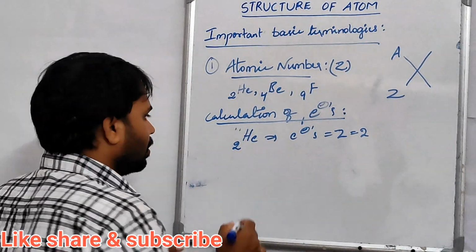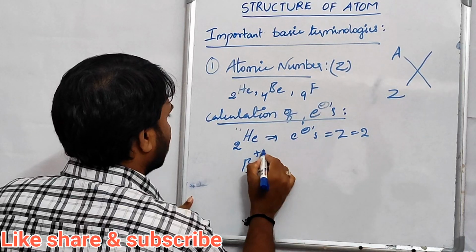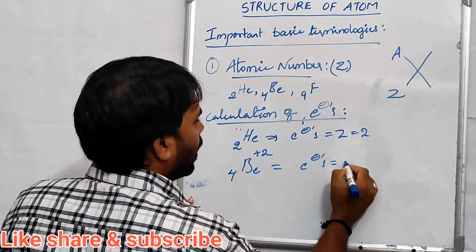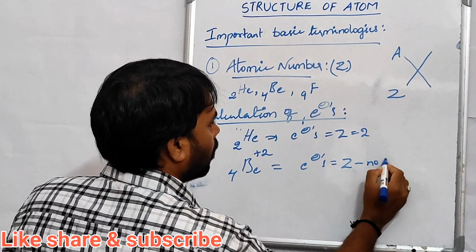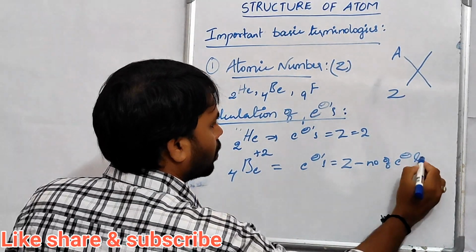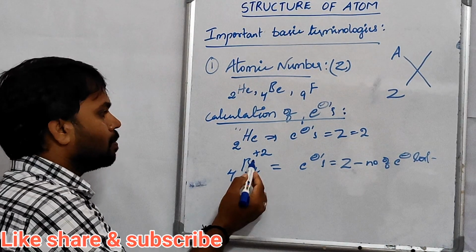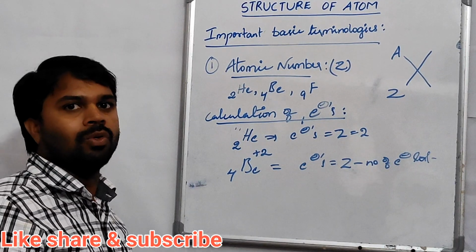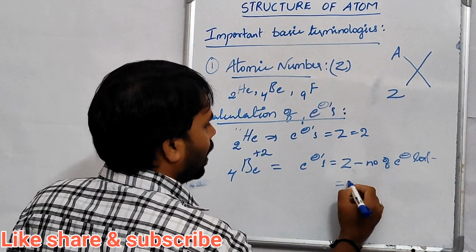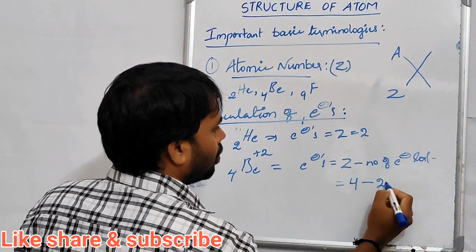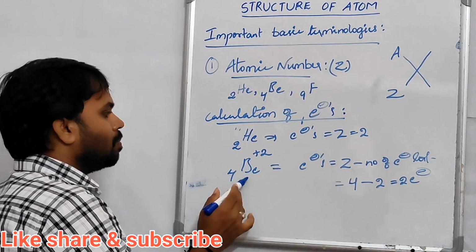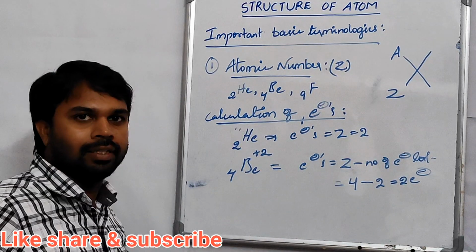For cation, number of electrons is equal to atomic number minus number of electrons lost. This plus 2 indicates this beryllium ion lost 2 electrons. That is atomic number 4 minus lost electrons 2. That equals 2 electrons. Now this beryllium cation contains 2 electrons.